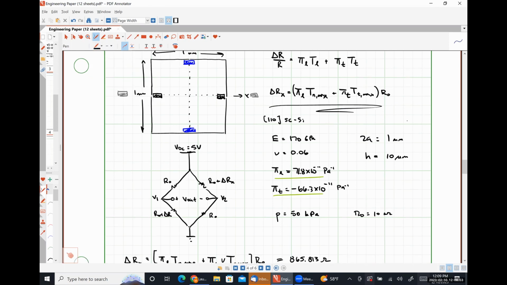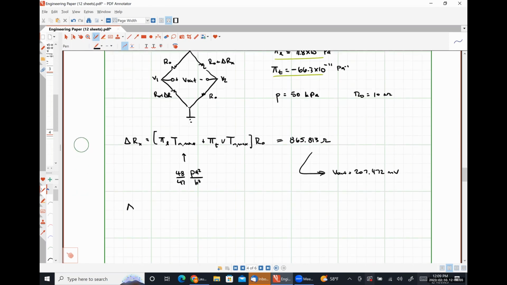So what you'd find is that you have some delta Ry that is going to be pi L times T transverse max plus pi T times T normal max times R naught.